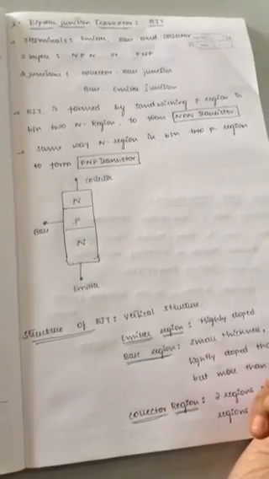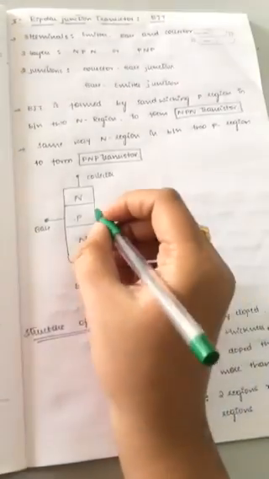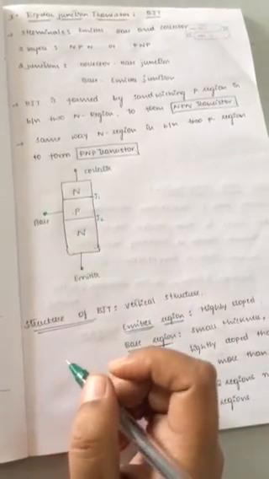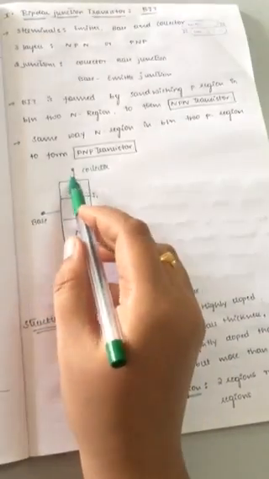It has two junctions, this is junction J1 and this is junction J2. The two junctions are the collector base junction, J1, and next the base emitter junction, J2.